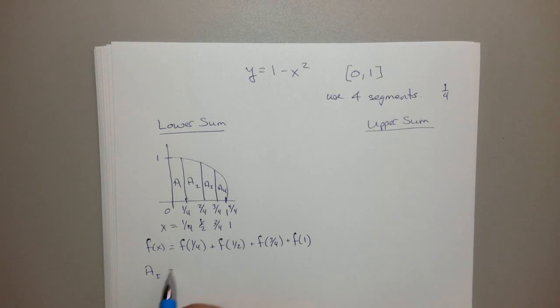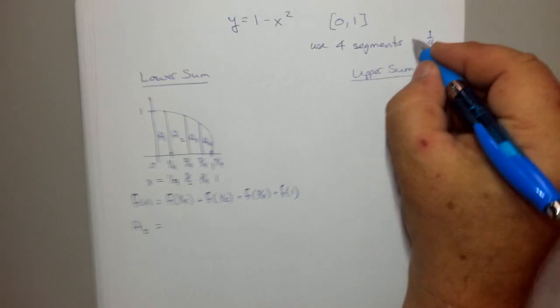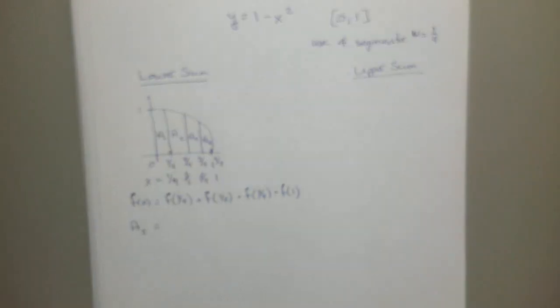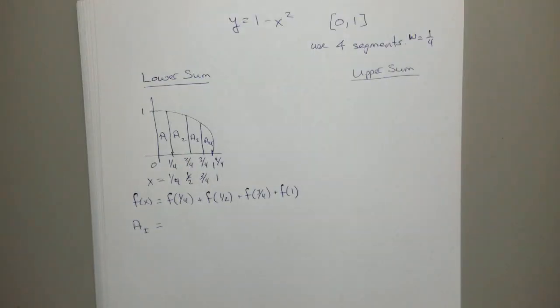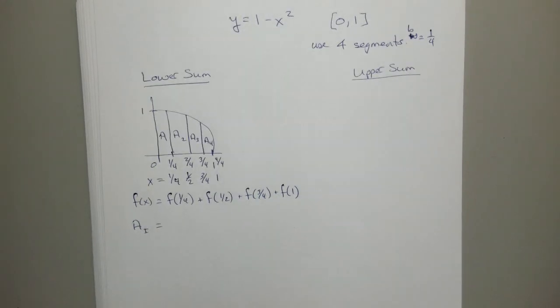So the inscribed area: my width, or my base, for base times height, is 1/4.